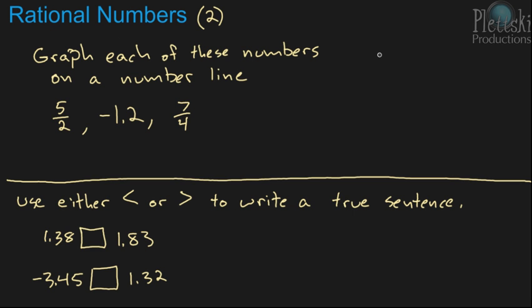In the last lesson, we learned what rational numbers are. Just a reminder, a rational number is any number that can be expressed as a ratio of two integers.